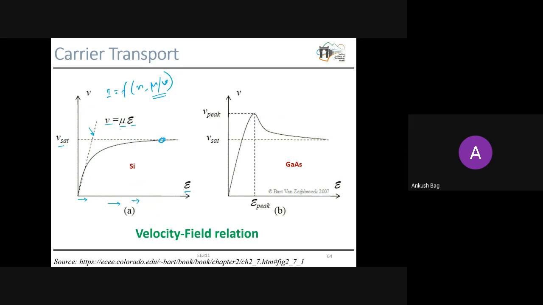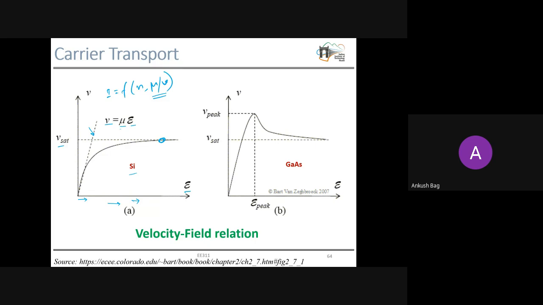If we operate a silicon device at very high electric field, it is not linear, so you cannot simply use this equation. That is why I mentioned either mobility or the velocity, depending on the bias or the electric field we are applying across the device. So this is the behavior in case of silicon.